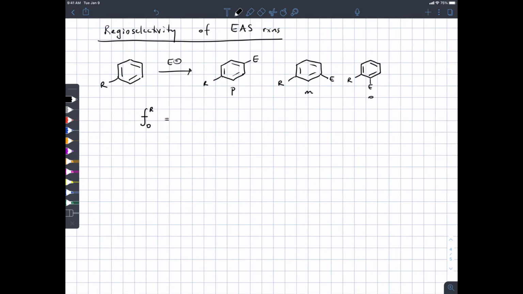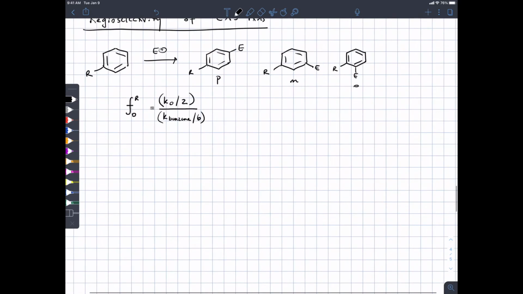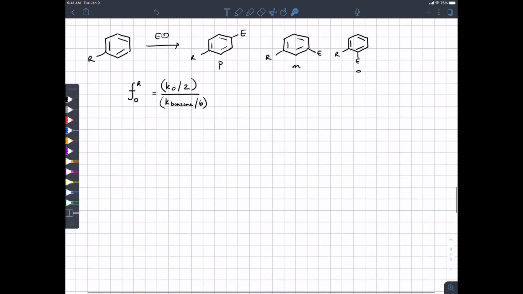And this is going to equal the rate of ortho substitution for that substituent, which we'll divide by 2 because there are twice as many ortho positions as para, and then we're going to divide that by the rate for the same reaction but with benzene instead, and of course benzene has 6 identical positions. Okay? And we could define similar factors for para substitution and meta substitution.